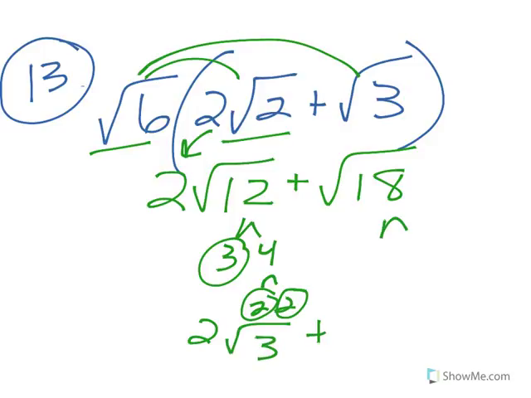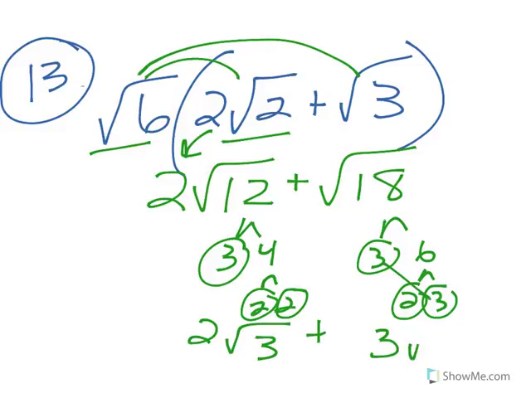I'm going to do the same thing to 18. For 18, when I break this down, I'm going to pull out the 3 and 3. So 3 and 3 come on the outside, and 2's left on the inside. Anything that I had initially that was in the front, I have to multiply it by whatever is in the front over here.